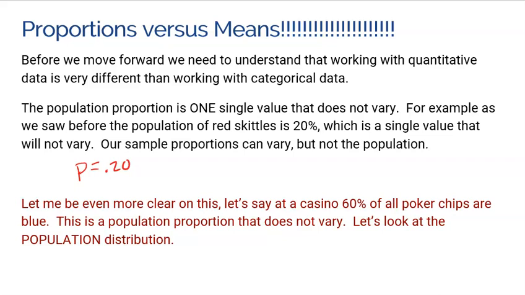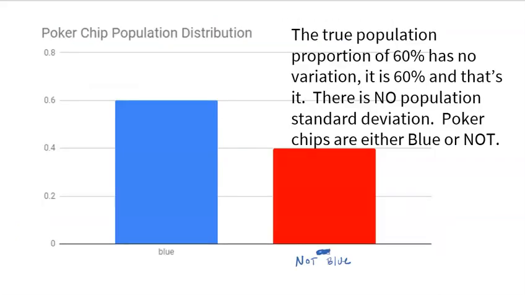Let me make this even more clear. Let's say that a casino has tons and tons of poker chips, and 60% of all the poker chips are blue. Okay, again, this is a population proportion that does not vary. Let's look at a picture of it. Here it is. Very basic picture. This is all the poker chips out there. 60% are blue, and the remaining 40% are not blue.